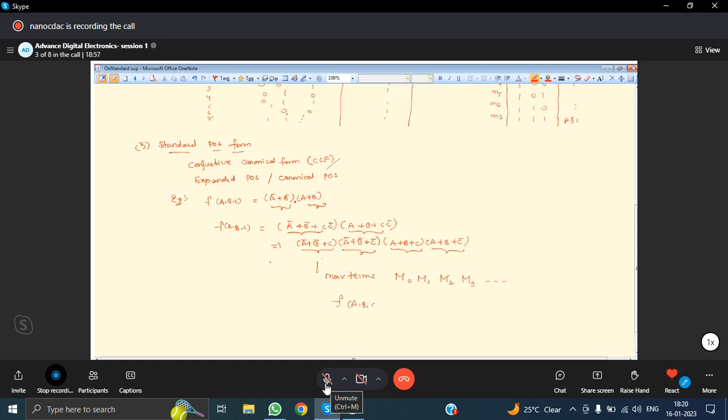F of A, B, C can be represented with the product symbol pi, whereas for minterms we use sigma, the sum of product terms. Product of max terms M0, M4, M6, M7. What is this? A bar, B bar plus C bar. Tell me, we should use capital M. Okay, M0, M4, M6, M7.